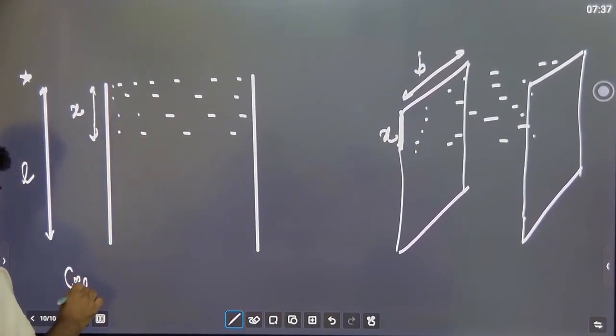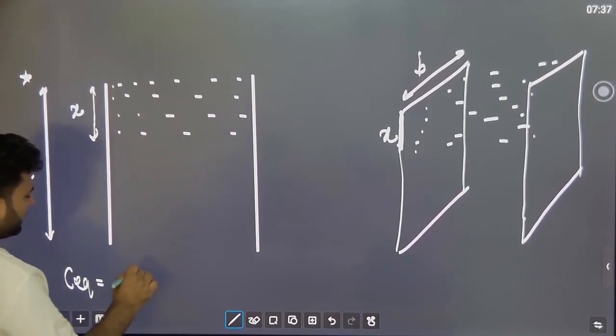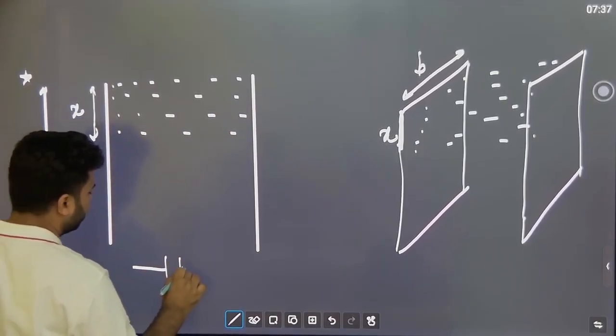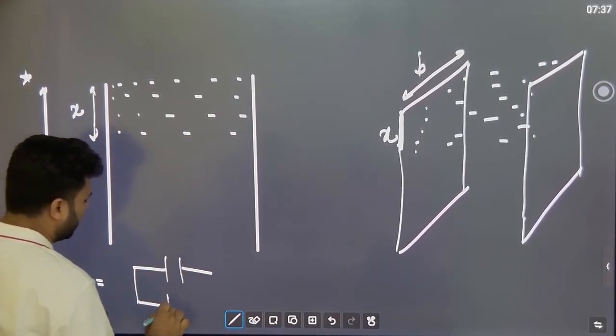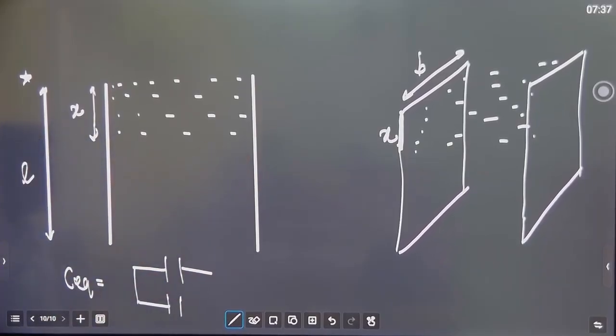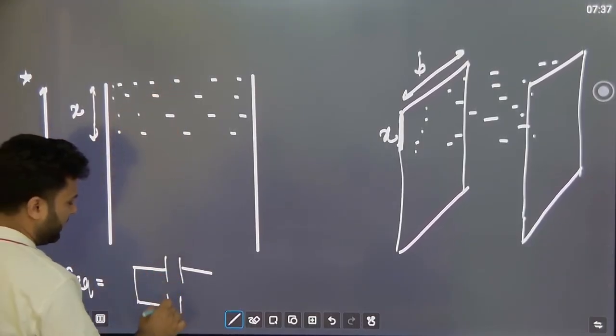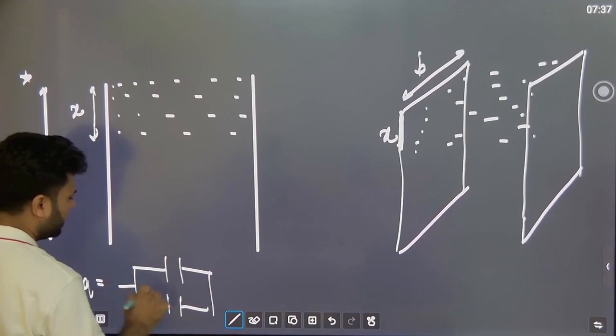So see how we solve this. You will draw the figure like this. And in parallel you take the downward. Here only air is there. Na? So you consider that it is composed of two capacitors. One up, one down. And they are in parallel.